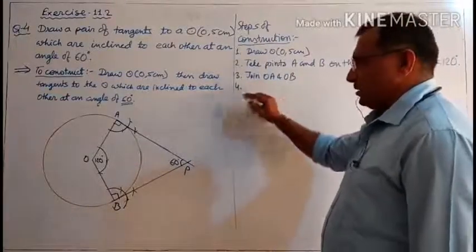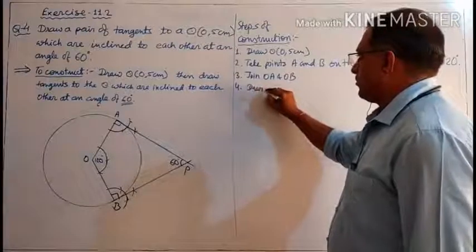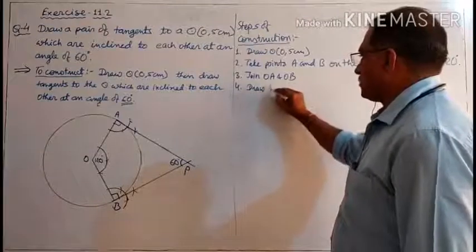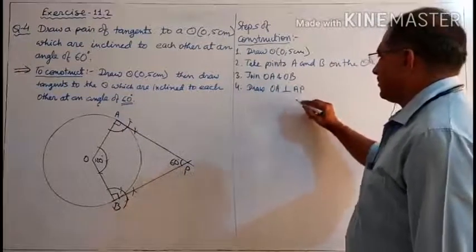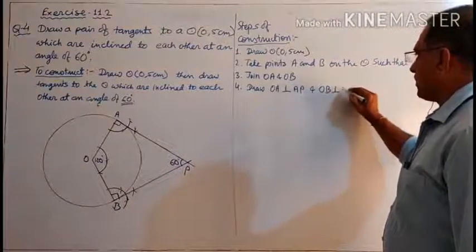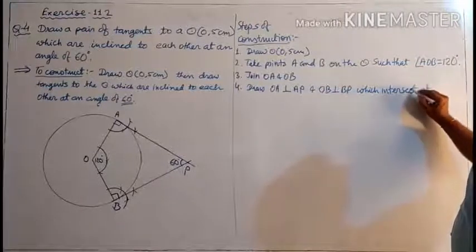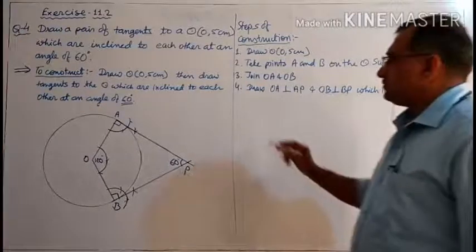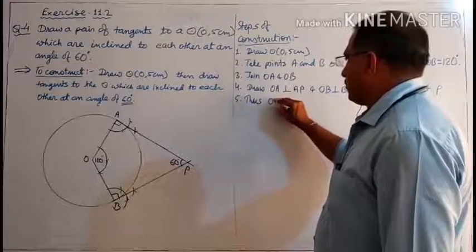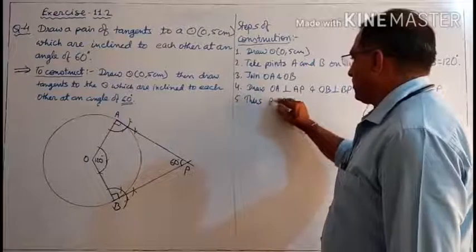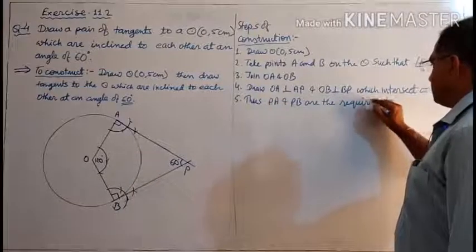After joining OA and OB, we have to draw a 90 degree angle, that is, draw perpendicular by forming 90 degree angle, that is, draw OA perpendicular to AP and OB perpendicular to BP, which intersect at P. Here thus PA and PB are the required tangents.